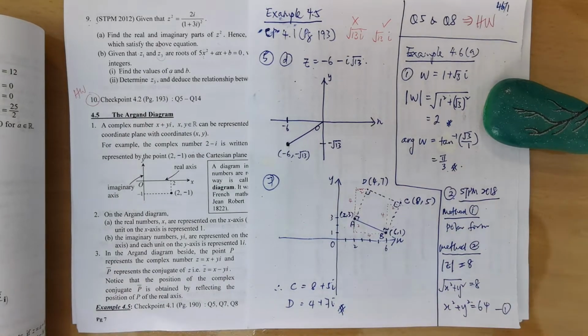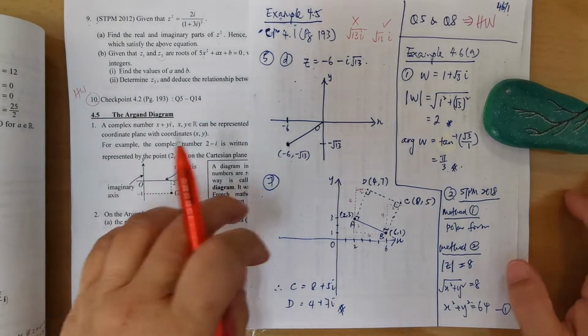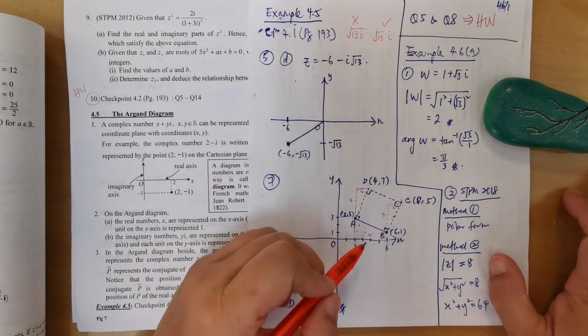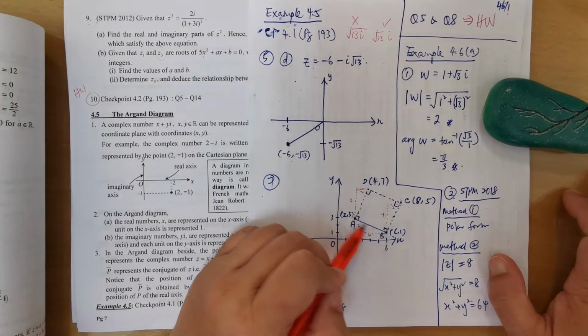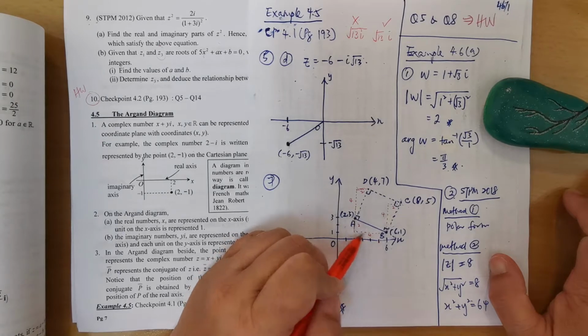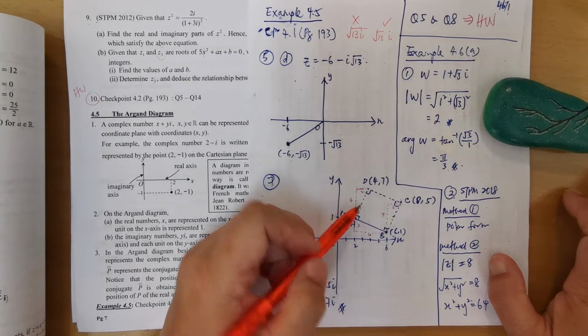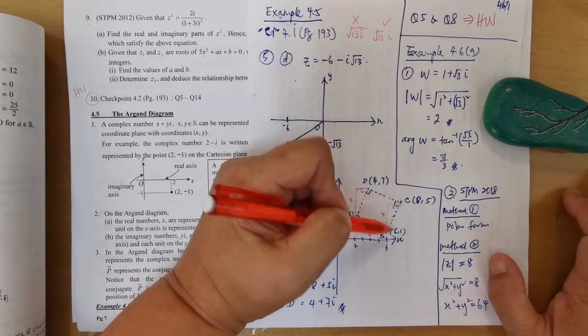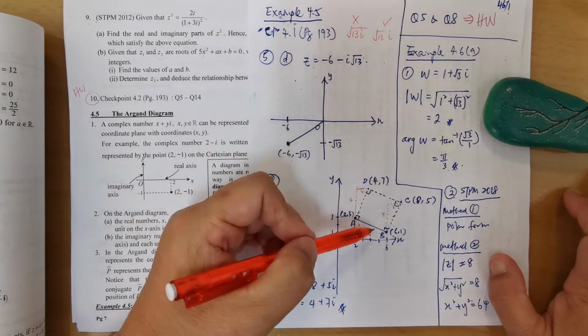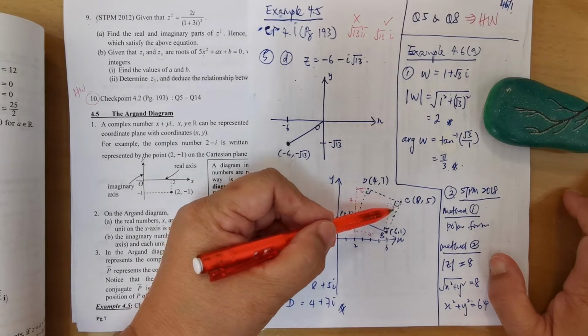How are we going to get the coordinates for C and D? We don't use calculation, we just count the steps. You see this gradient is horizontally 4 units, vertically 2 units. When it is 90 degrees, it's the other way around: vertically 4, horizontally 2.